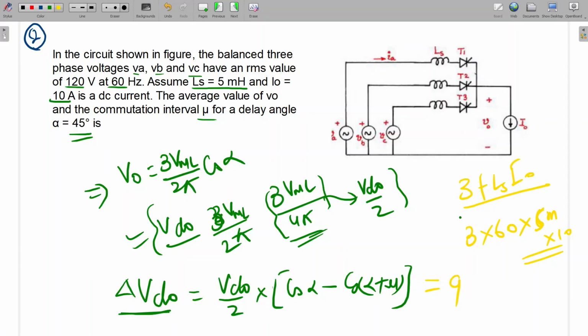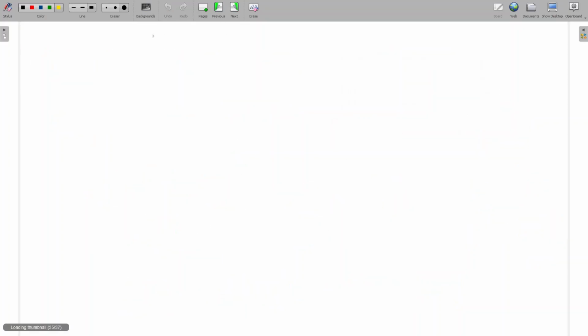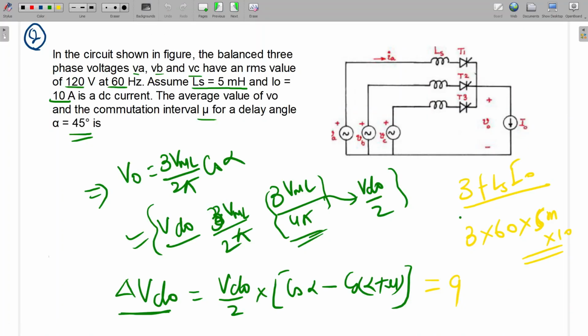Okay. So Vd0 by 2, I will again write. What is the Vd0 by 2 here? 3 into VML. This phase voltage is the RMS value, so what is the line voltage? Line voltage is 120 into root 3, root 3 times the phase voltage. And the peak value is multiplied by root 2.